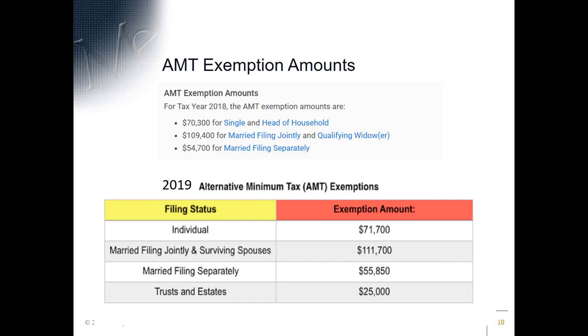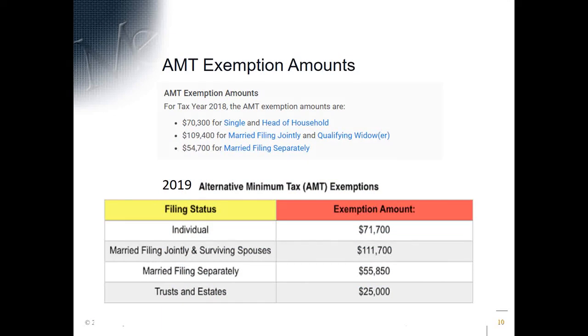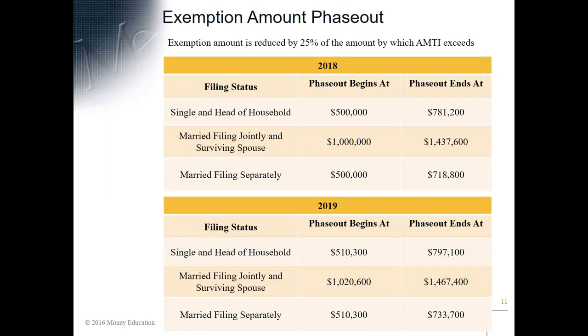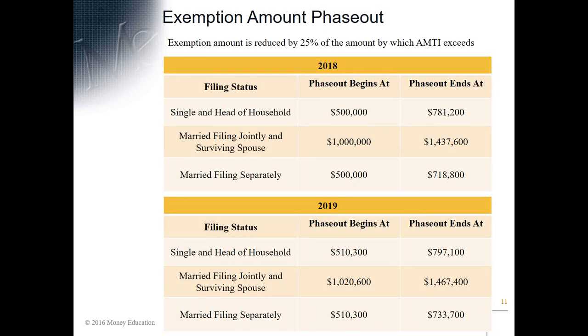Okay, now these exemption amounts, however, are subject to phase out. So if your income is high enough, this exemption amount starts to be reduced. And so the exemption amount is reduced by 25% of the amount by which AMTI exceeds the threshold. And here's your charts, and let's look in the 2019 chart. And you can see that for married filing jointly and surviving spouse, the phase out of the exemption amount doesn't even begin until their AMTI exceeds well over $1 million.